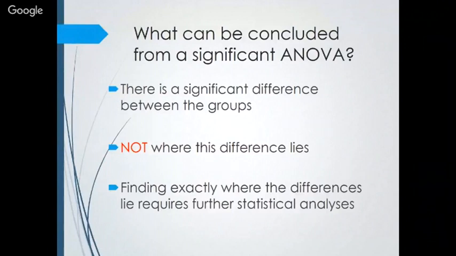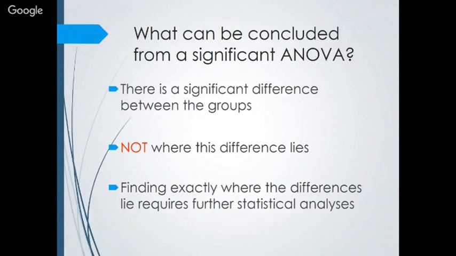For example, in the same example of hardness of four blends of paint, we can gather data, do the analysis and get the results. If it's significant, we can say that yes, there is a significant difference in hardness between the four blends of paints. That we can conclude.